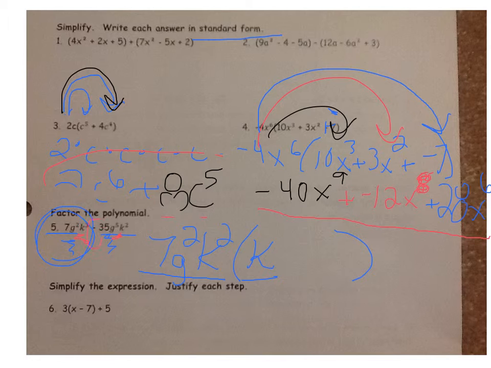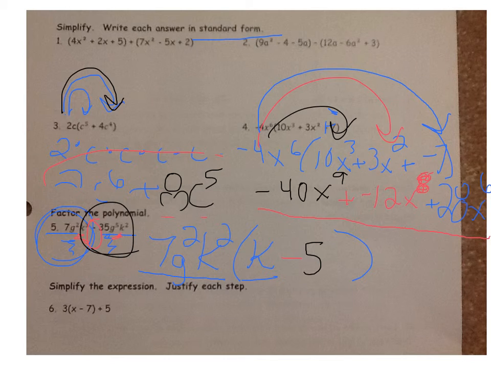Now you'll notice that this was a minus sign, so I'm going to place my minus sign. And then the last factor is a little more complicated because we need to get this 35g to the fifth k squared. I've already got the k squared. Right now I have g squared, and I have 7. 7 times 5 will get me to 35. And now I need something that will get me to g to the fifth. Right now, like I mentioned, I've got g squared.